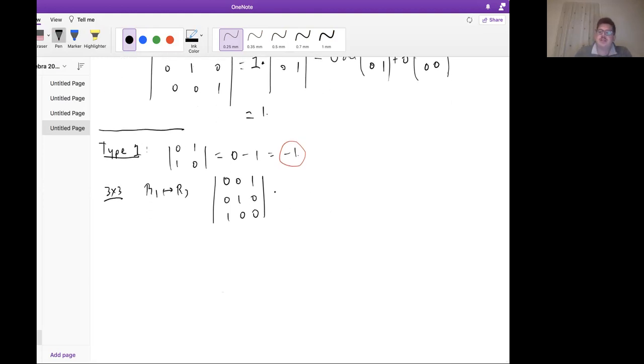Now let's calculate the determinant. So what do you think? There are a lot of zeros here, right? So a lot of things can just cancel out. So we have 0 times something, but who cares? Minus 0 times something, and then plus 1.